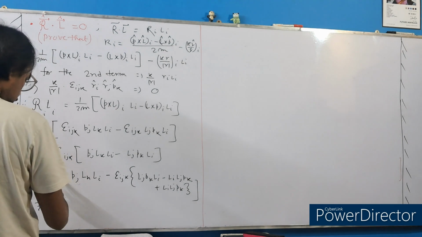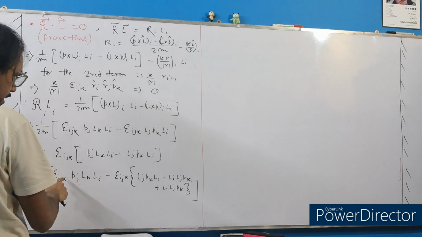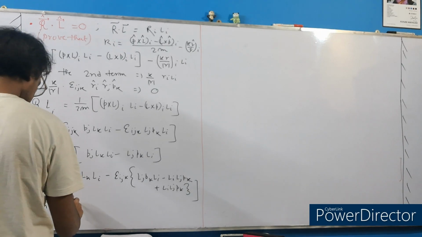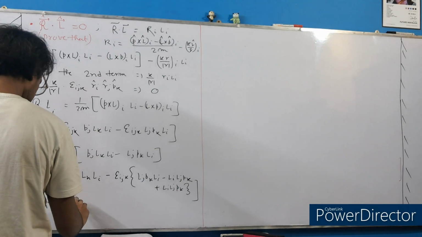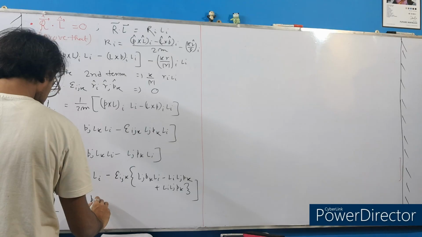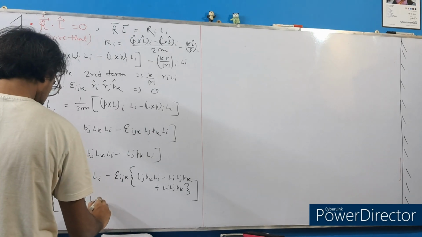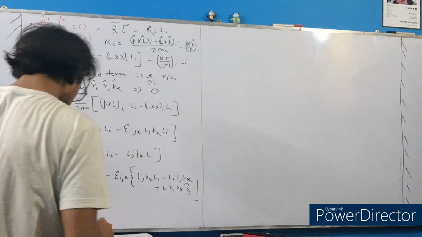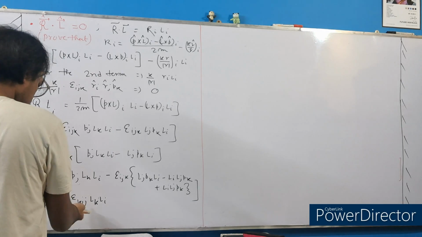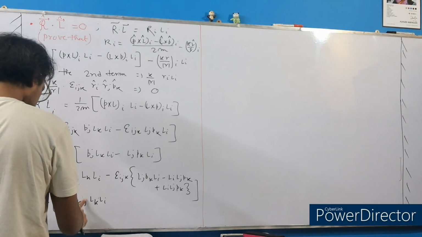This is a number, I can take this inside, and this will give me pj. If I exchange the i and k index here, because these are cyclic, I can do that. So kij it will be, not pj, sorry, ki. Now if I shift the j from here, this will again be a cyclic process, so it will be jki.